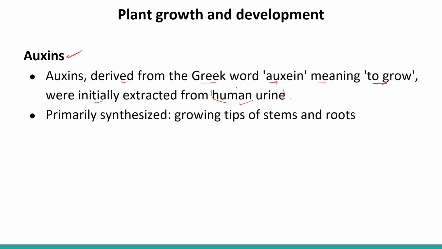So now, where is auxin synthesized? Auxin is primarily synthesized in the growing regions. What are the growing regions? You can say the tip of the stem and the tip of the roots, or you can say shoot apical meristem or root apical meristem.